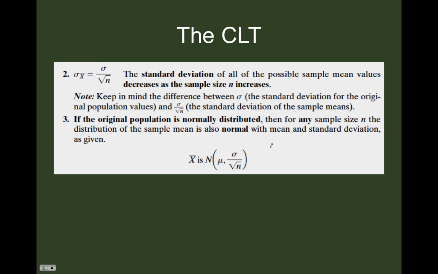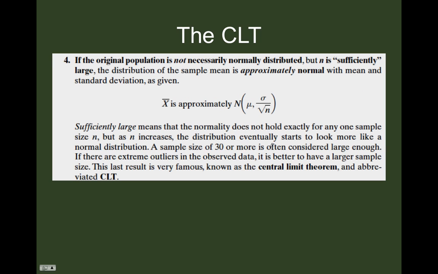Okay, so this is where we were at on the central limit theorem. Now there is one more piece of it, which is if the original population is not necessarily normally distributed. This means it's skewed to the left or to the right, but we have a large enough sample size. The distribution of the sample mean is approximately normal.